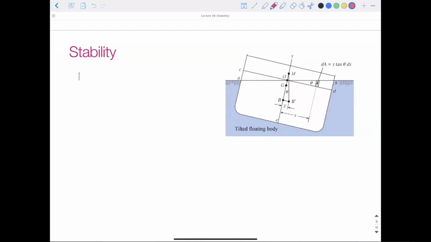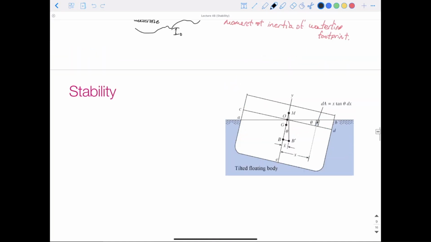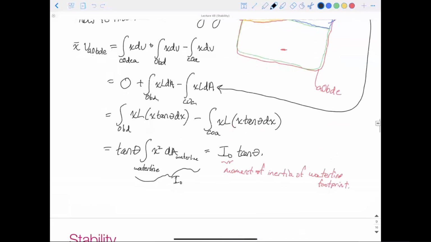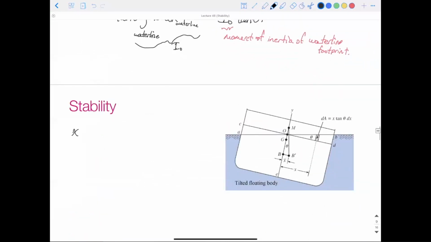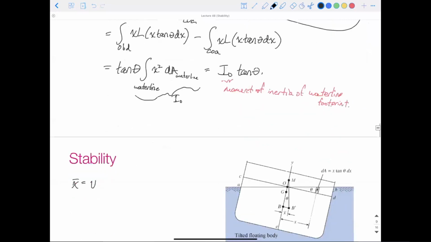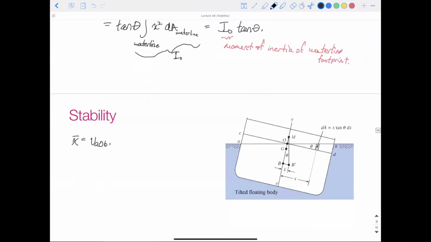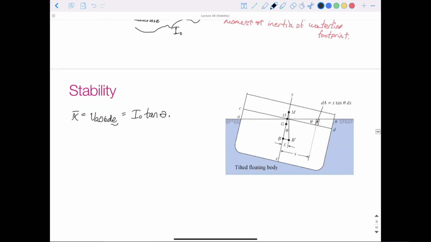So next we'll just rewrite our equation up here. x bar times V of ABDE, and this here would just be the volume submerged.